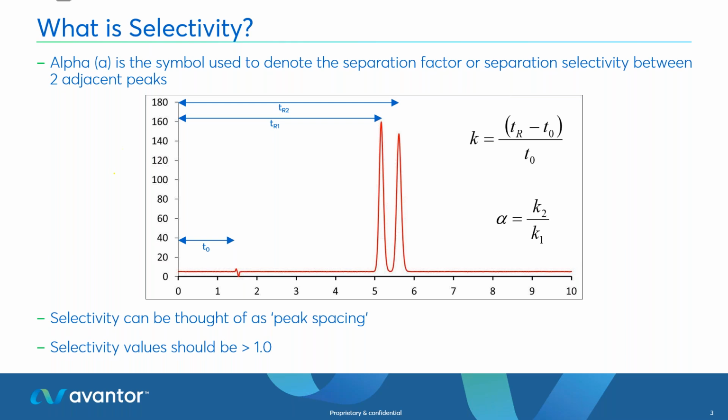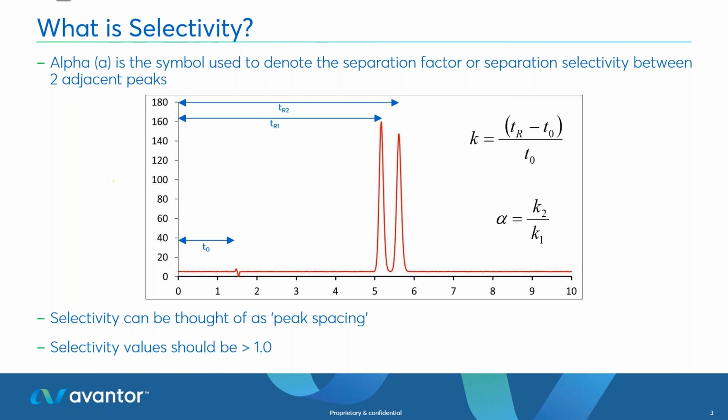In terms of chromatographic selectivity, what we're trying to do is separate peaks. Not many of us are lucky enough just to have one analyte of interest. We're generally trying to pull those peaks apart. And selectivity is a measure of peak spacing. So it's sort of describing how far apart those peaks are.